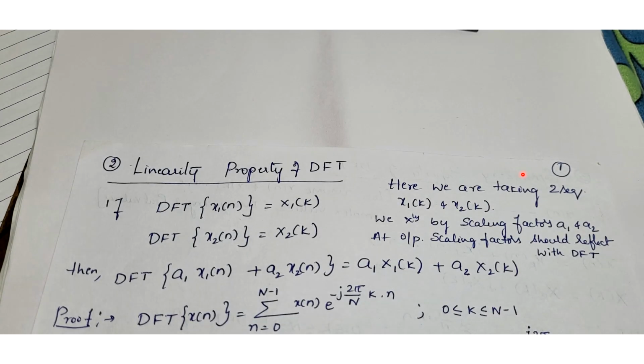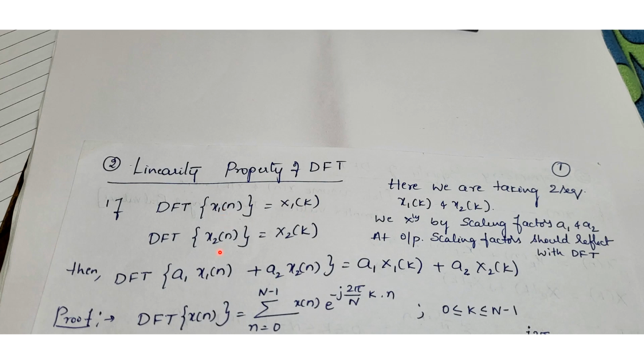So let us consider here that we are taking two sequences x1 of n and x2 of n, and X1 of k and X2 of k are the DFTs of x1 of n and x2 of n. If we apply the DFT to x1 of n, we get X1 of k.